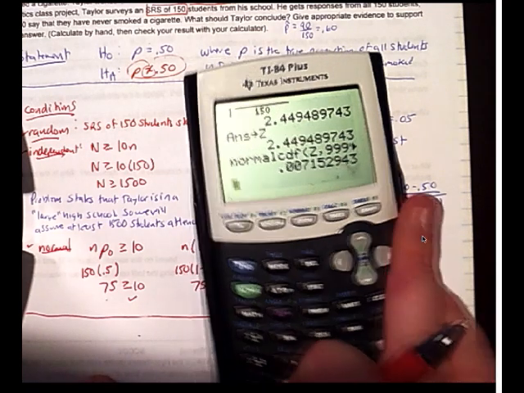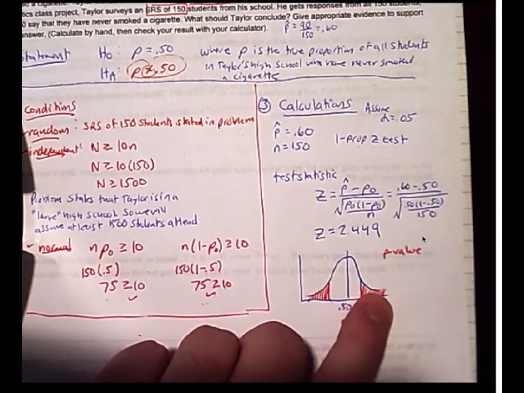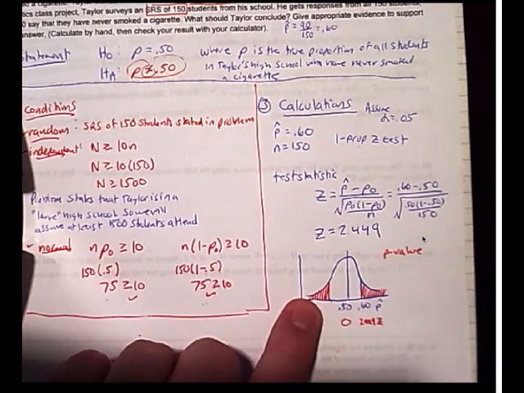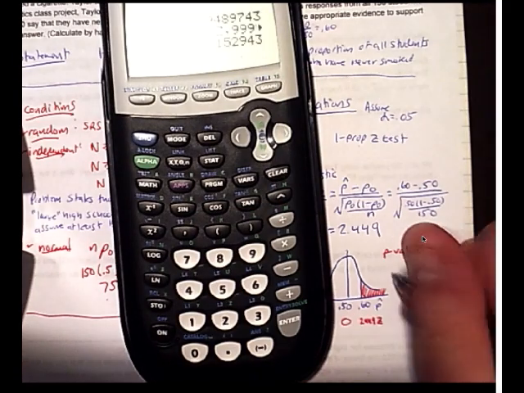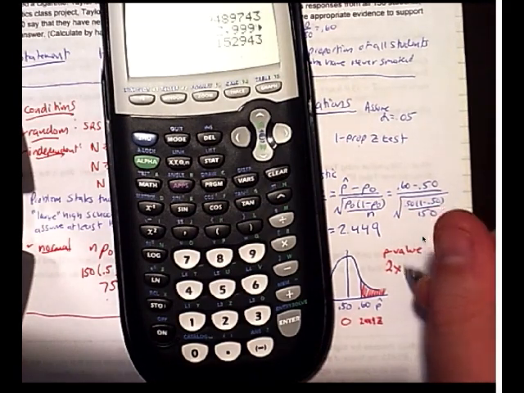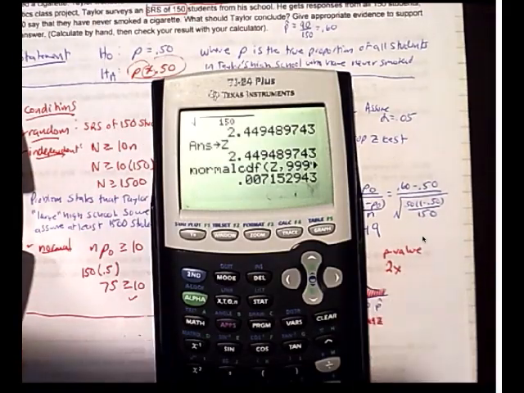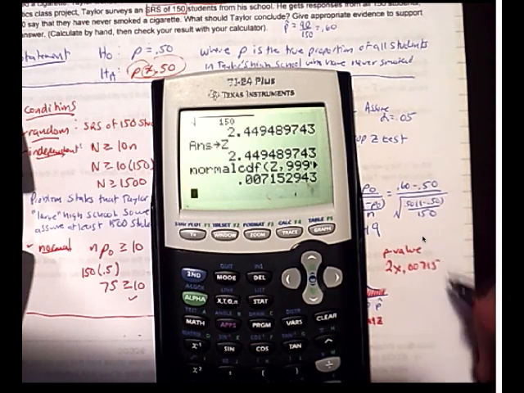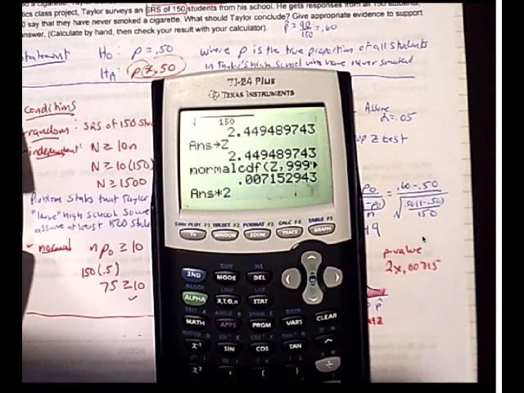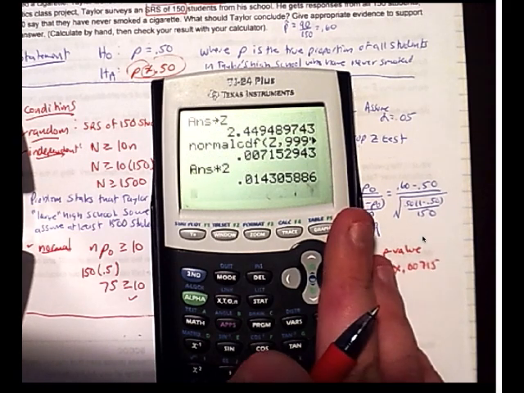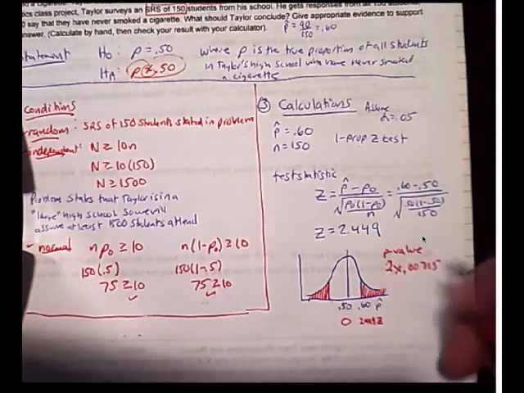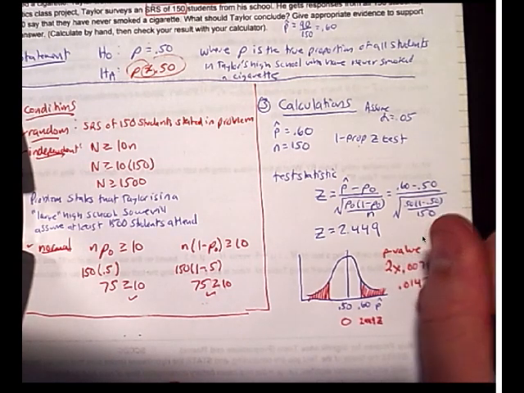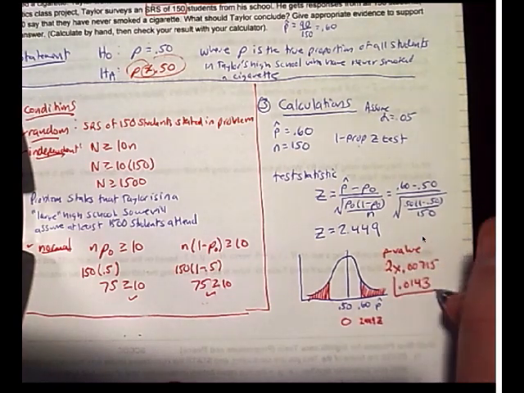So that would be this area, but I have to double it. So I need to do 2 times that number, 0.00715. I'm going to multiply it times 2, 0.0143. So that's the p-value.